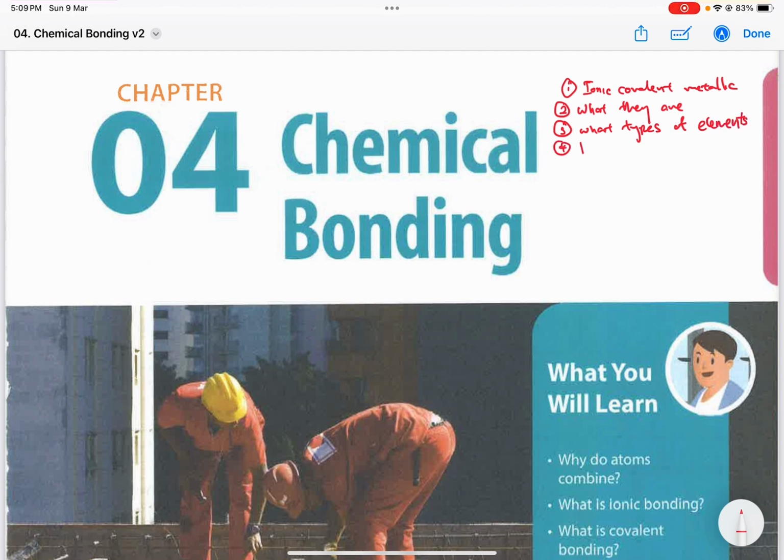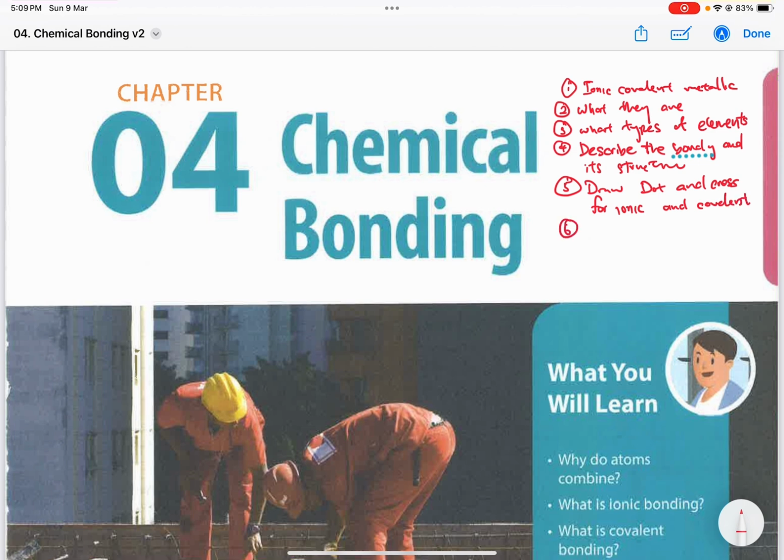We're gonna look at how to describe the bonding and its structure. Then, in terms of the ionic and covalent, we're gonna look at how to draw the dot and cross for ionic and covalent.